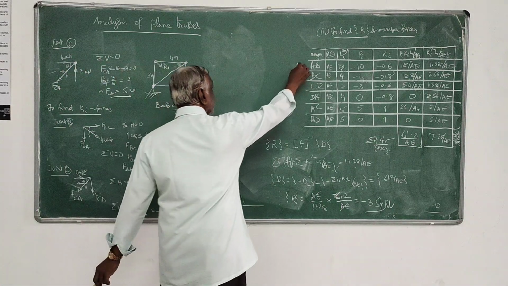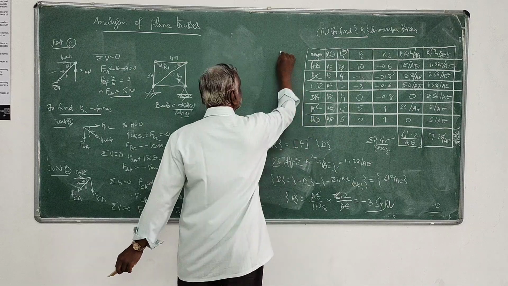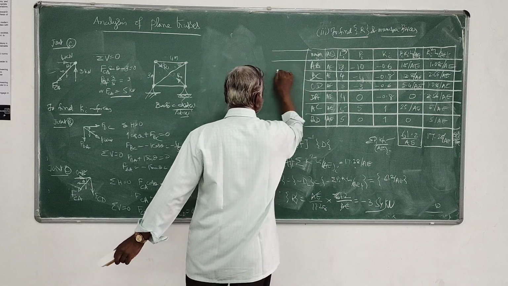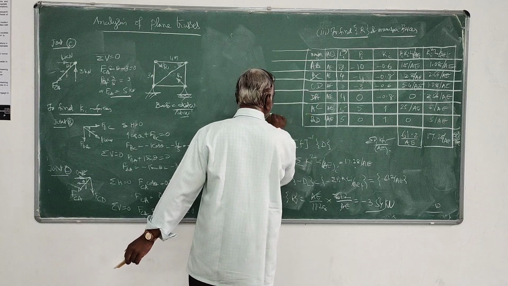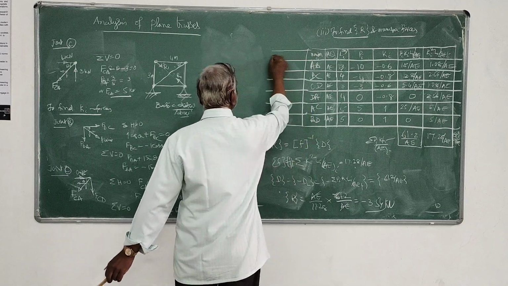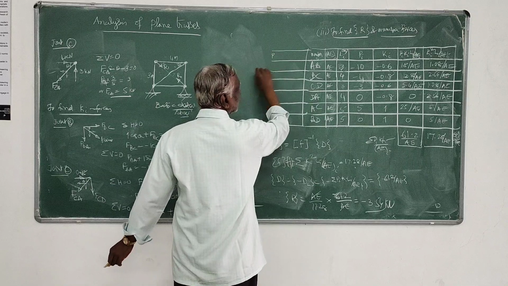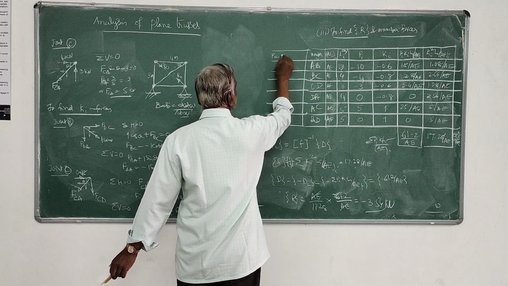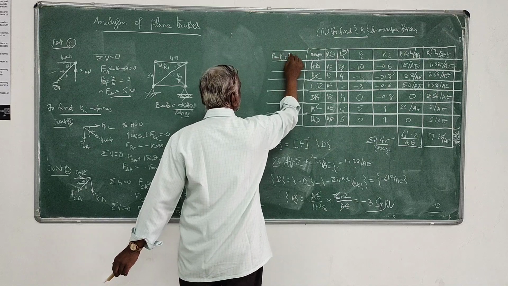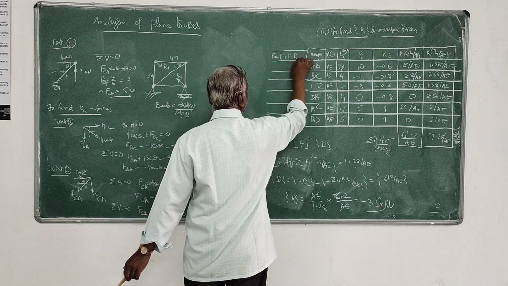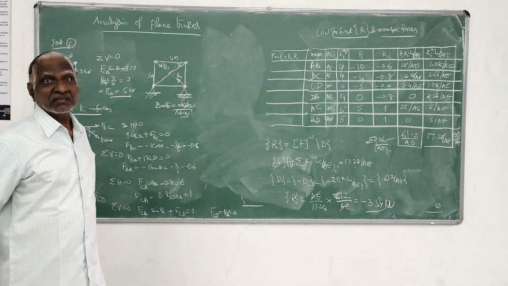Next, you can find out the force in each member. That is your analysis. You have to find out the force in each member, which is nothing but the actual force in each member, P equals Pi plus Ki R. That you have to determine.